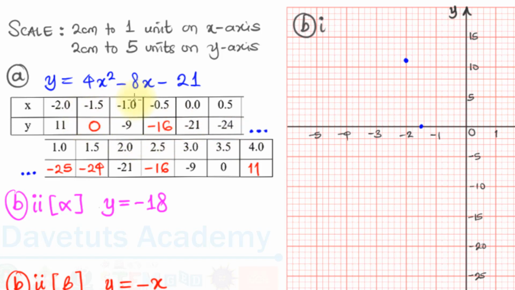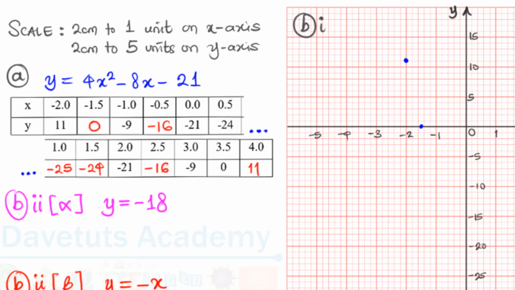Then when x is minus 1, y is minus 9. Okay, since we have gotten that scale ratio, so this will be coming down. Y being minus 9 will be just before 10. So this point of intersection will be x is minus 1 and y is minus 9.